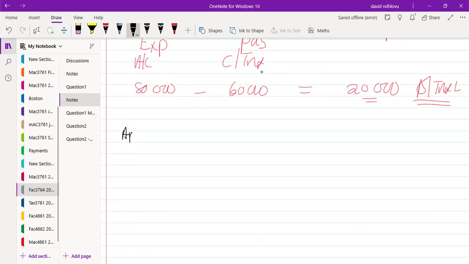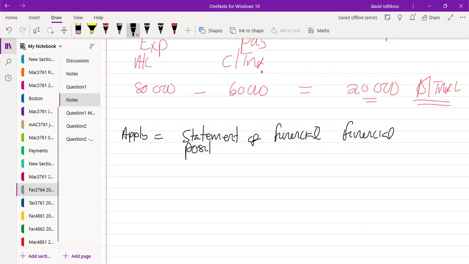So here we apply what is called the statement of financial position approach in calculating the movement in deferred tax.